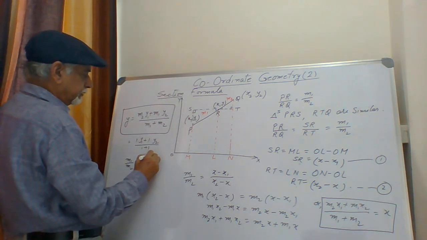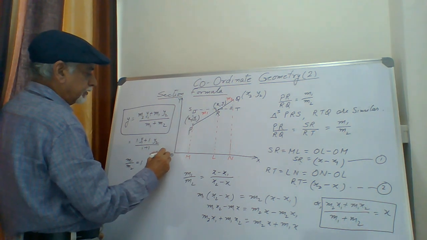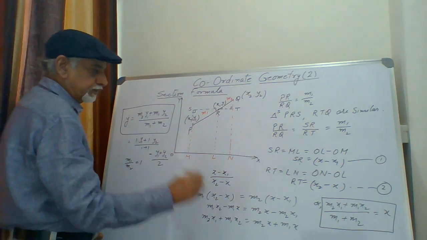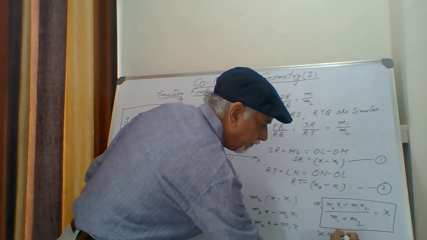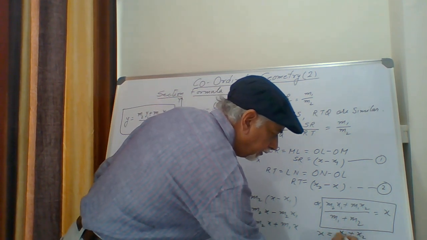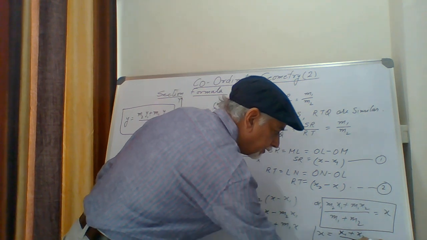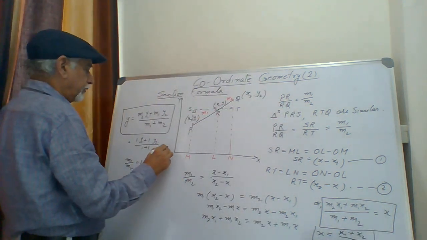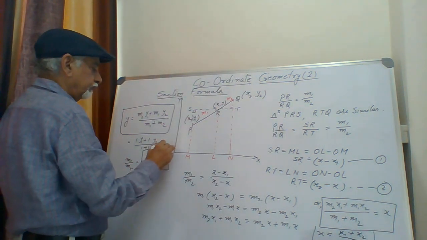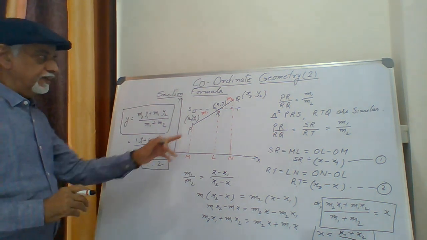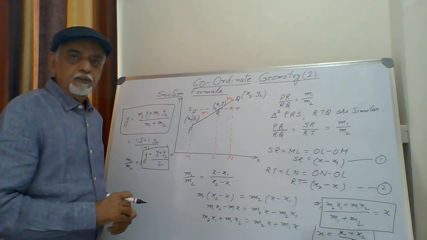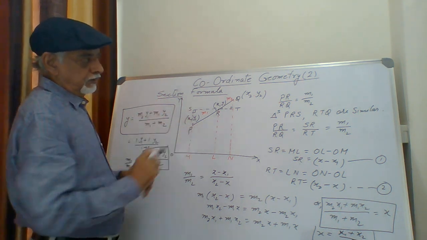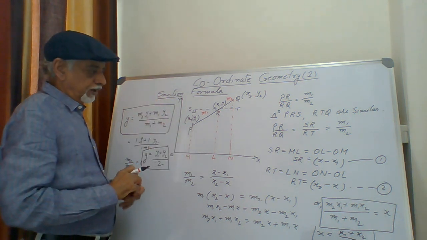So this value is simply y1 plus y2 over 2. Similarly, x will be x1 plus x2 by 2. So this is the value for the middle point. If somebody asks what the middle point coordinate is, you can simply give this value. This is how we find the section formula.